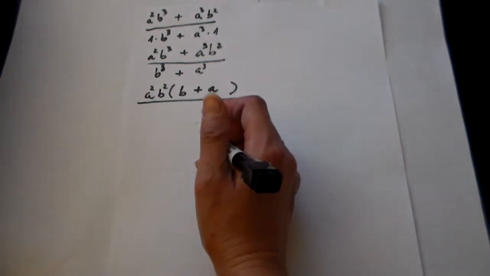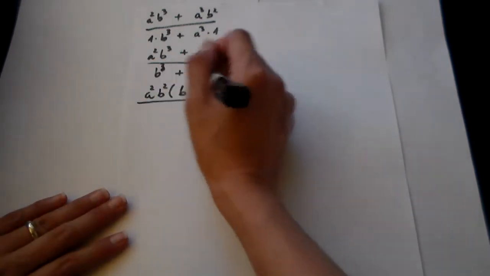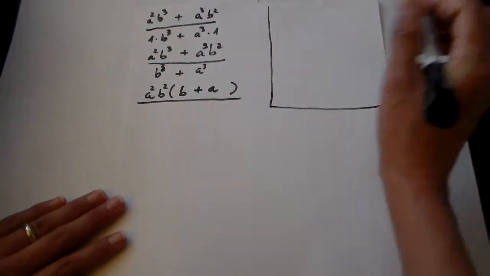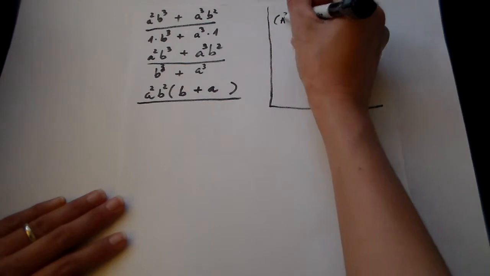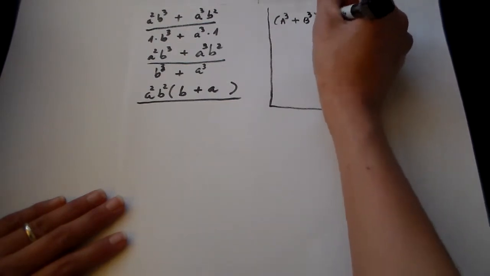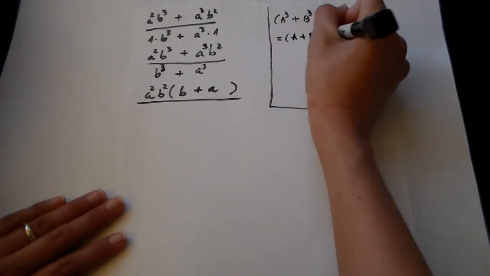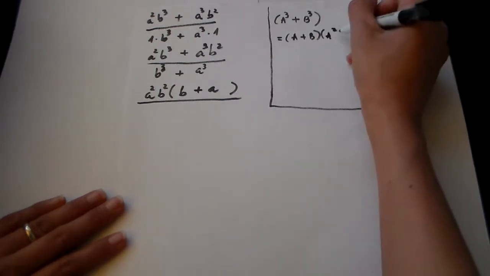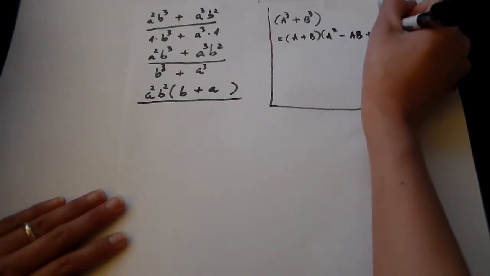Alright, this one is a bit interesting. We learned how to factor this using a formula. So let's write out the formula. When you have a cubed plus b cubed, this is equal to a plus b times a squared minus ab plus b squared.